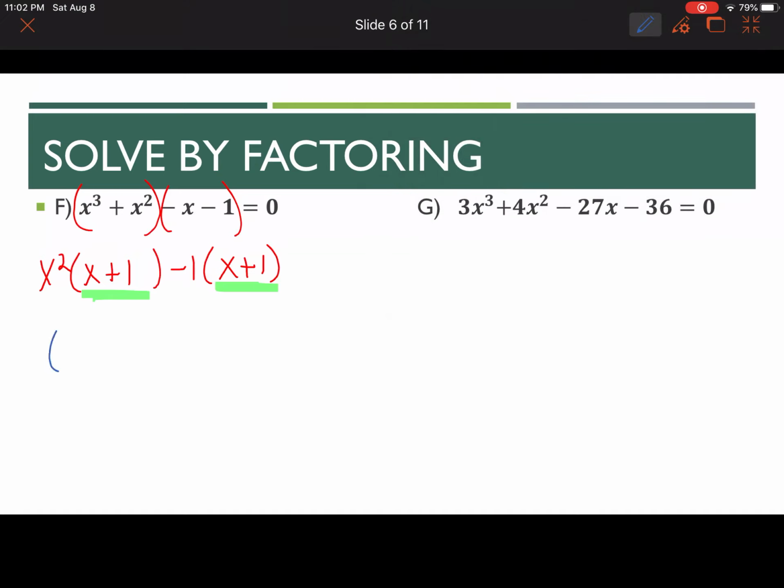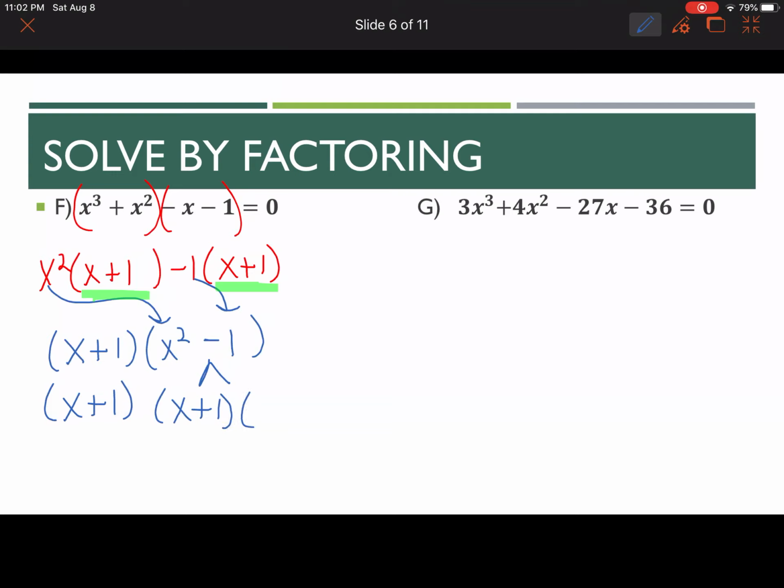So our first factor is the x plus 1. Our second factor is the GCF, x squared, and then the minus 1. So we have x plus 1. This is going to break down to x plus 1 and x minus 1.